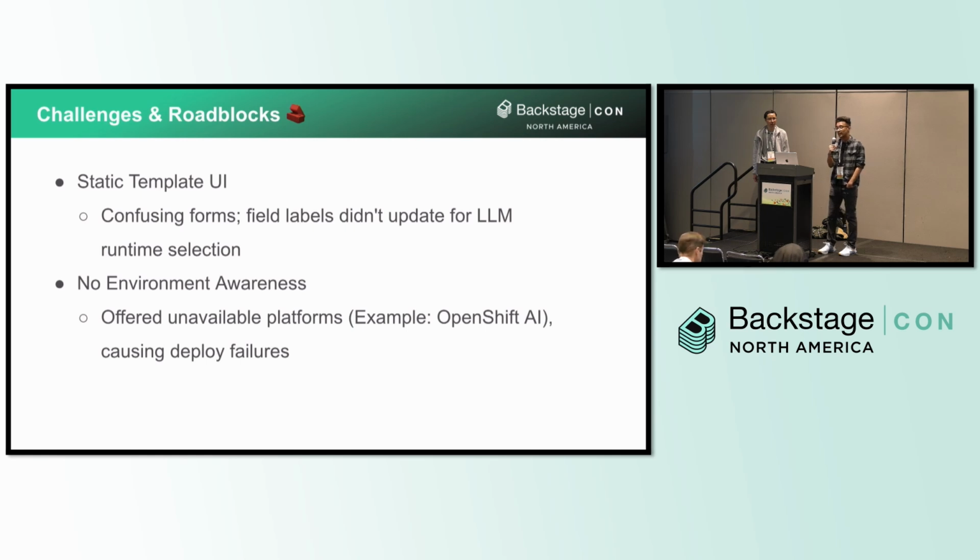So if OpenShift AI was not installed and you just selected create a workbench on OpenShift AI, it would lead to failures. So these were some of the issues that our users and we faced, and we're trying to approach it. It's still a work in progress as we move along. So those were some of the strategies and iterations we did when drafting software templates.